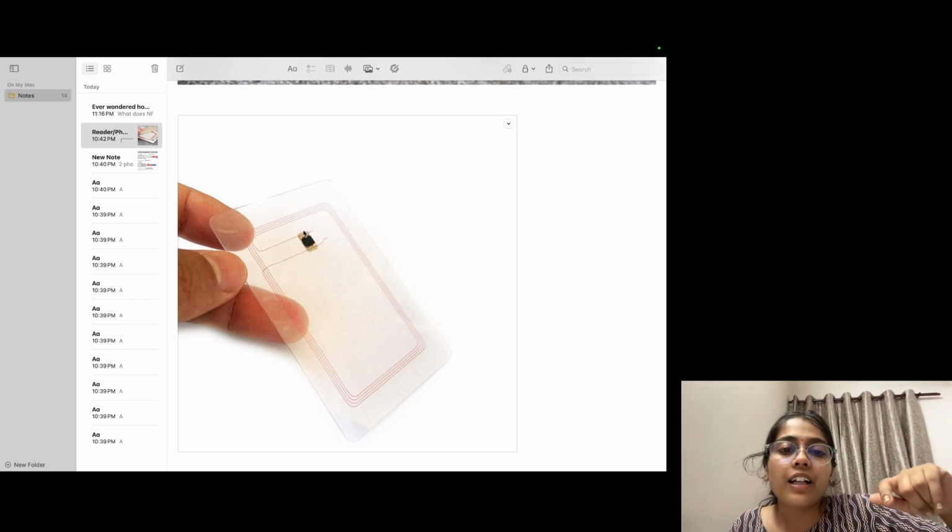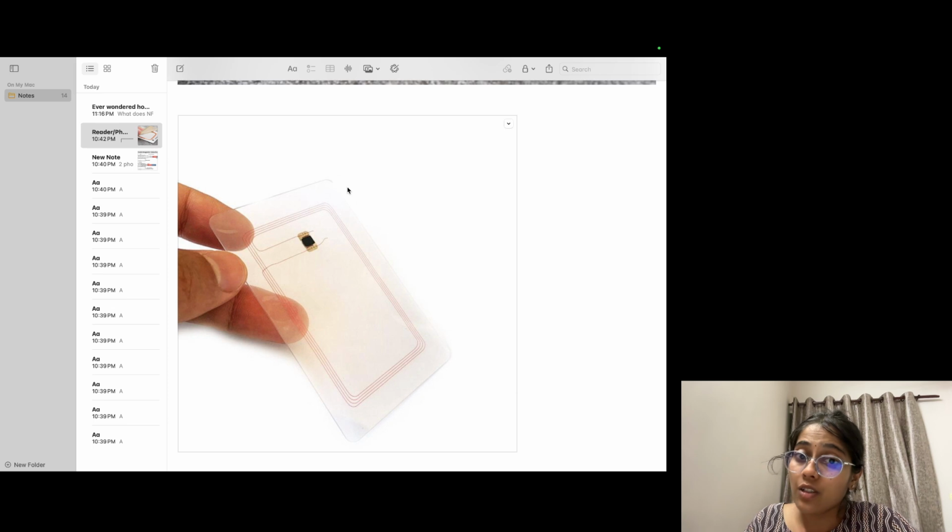Then from this side it has to send a magnetic field, right? Here it is not capable of producing that much magnetic field. So instead of producing the magnetic field, the transistor will stop getting the magnetic field from the reader.